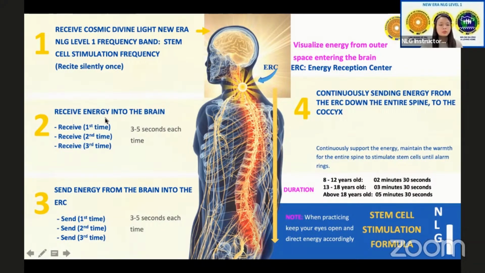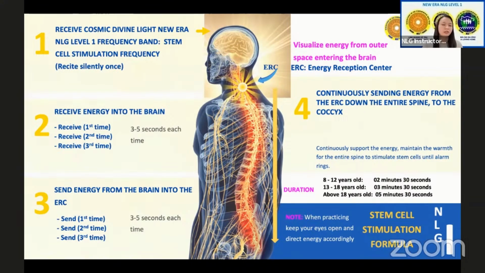Then step 2, receive energy into the brain. As you recite that in your head, and then recite receive first time, second time, and third time, you visualize energy from outer space entering the brain. Please don't bother specifying to yourself what the outer space looks like, what colors, or how you visualize that energy.